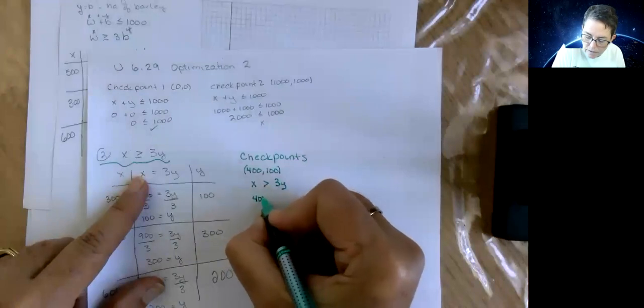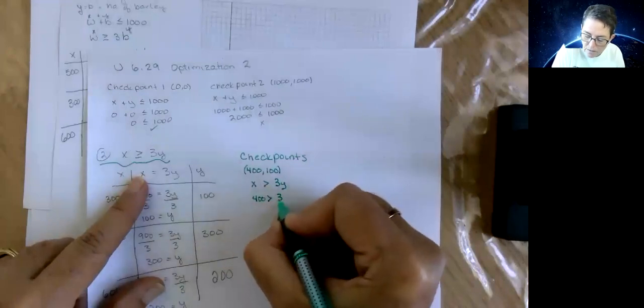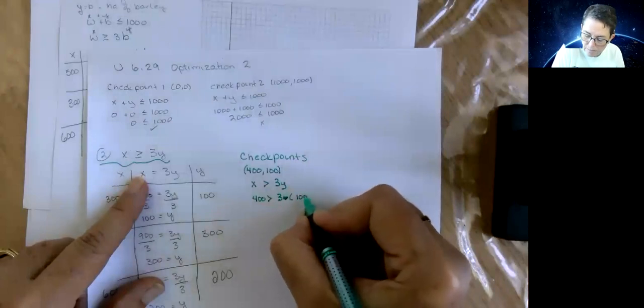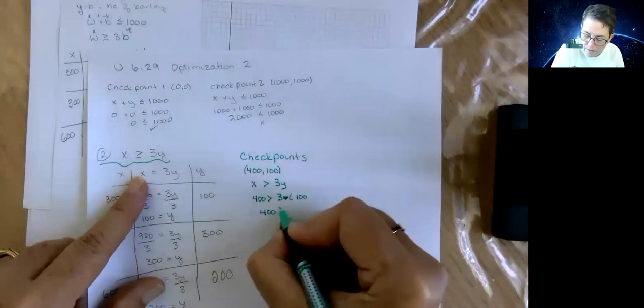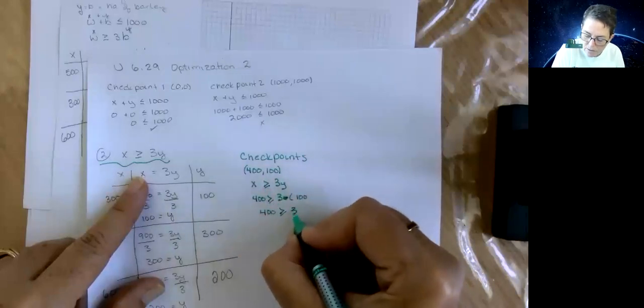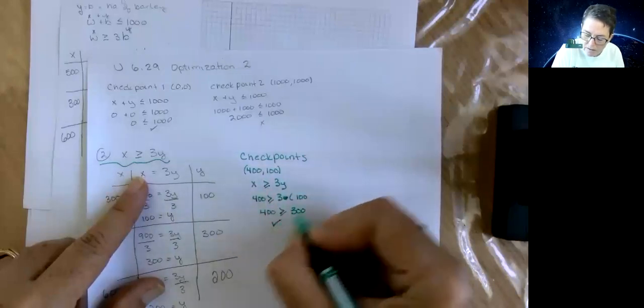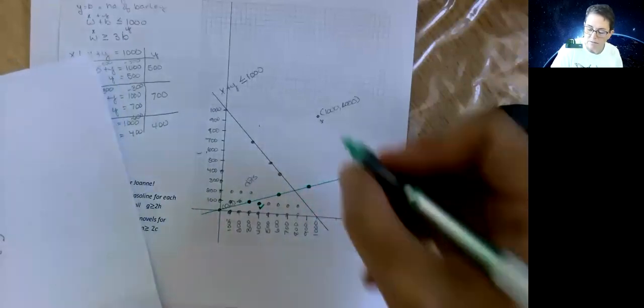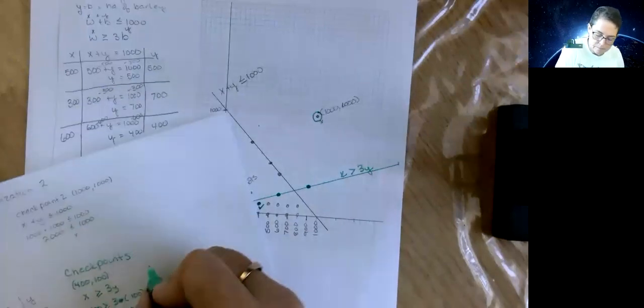So 400 is greater than 3y. 3 times 100. 400 is greater than, or equal to, 300. That is correct. So it looks like it's going to be this chunk down here. But just to be sure, let's pick one up. Nah, I'm going to be lazy and use that one again.